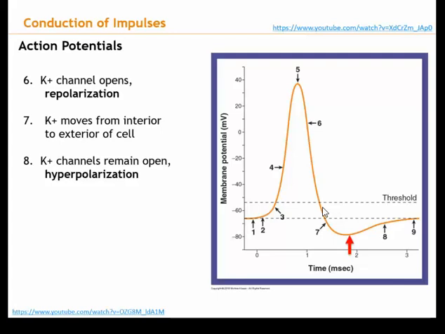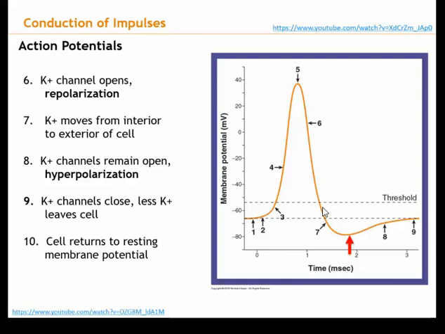But eventually the voltage-gated potassium channels close, and the membrane potential stabilizes at resting membrane potential. Once more becoming responsive to that voltage, the action potential cycle then begins again every single time an impulse is sent.